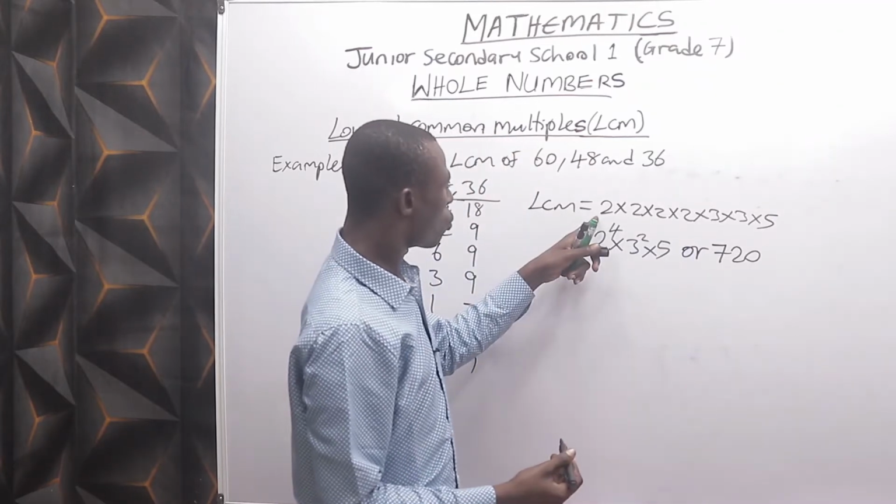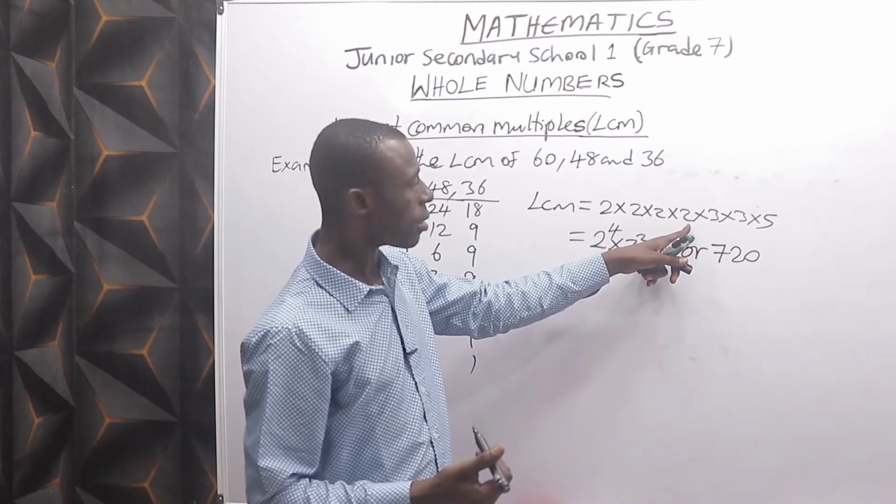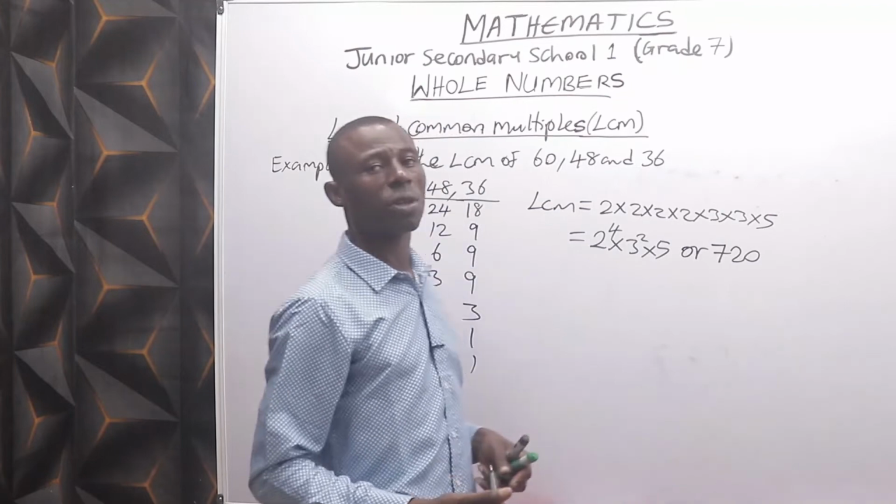How? 2 times 2 times 2 times 2, that is 16. 16 times 9 times 5 gives us 720.